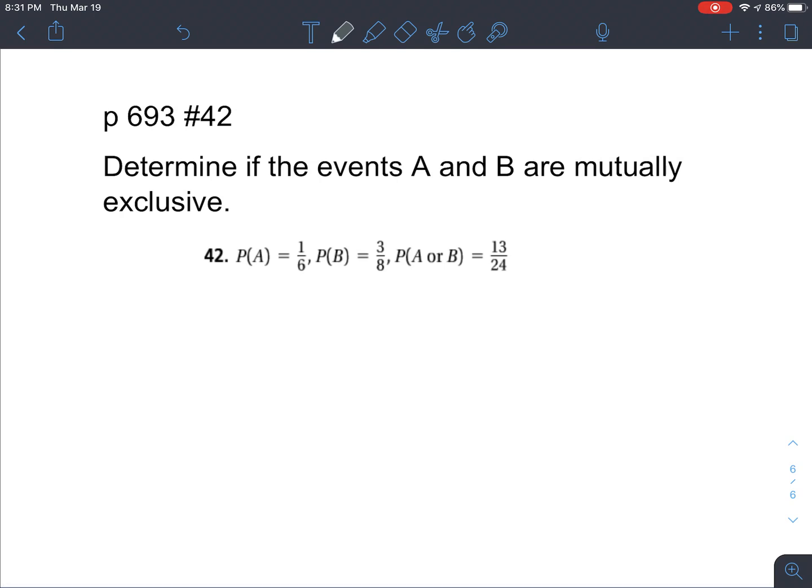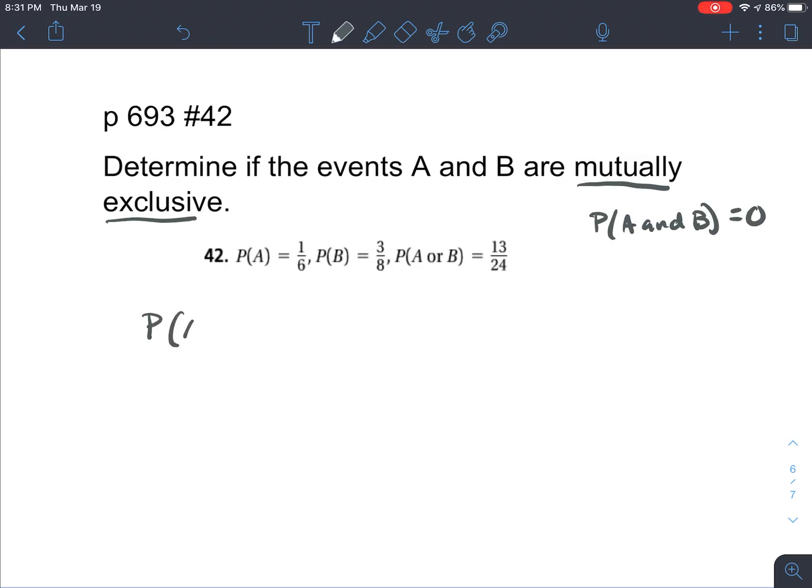So now, page 693, number 42, we want to determine if events A and B are mutually exclusive. Okay, so we're given the probability of A, the probability of B, and the probability of A or B. In order for something to be mutually exclusive, we need that the probability of A and B is 0.